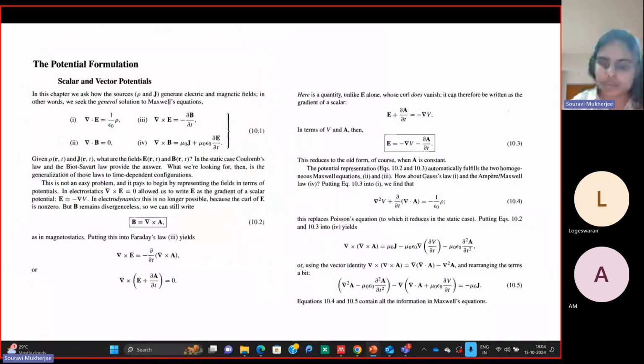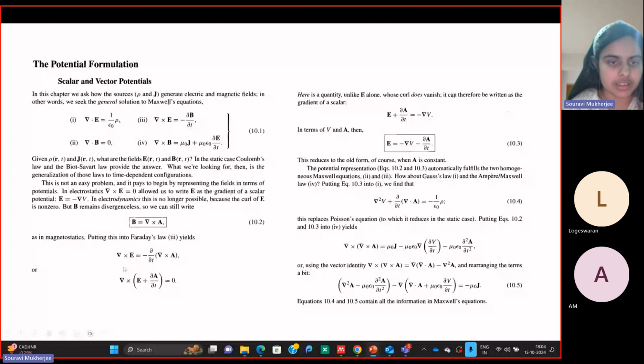We want to derive them in terms of the scalar and vector potentials. Okay, so first we will write Maxwell's equations in terms of the scalar and the vector potentials.